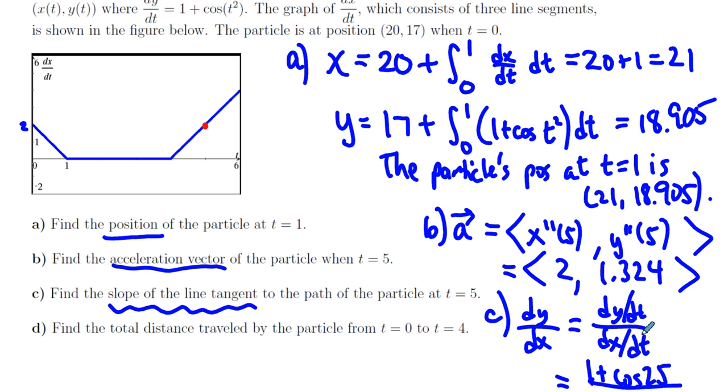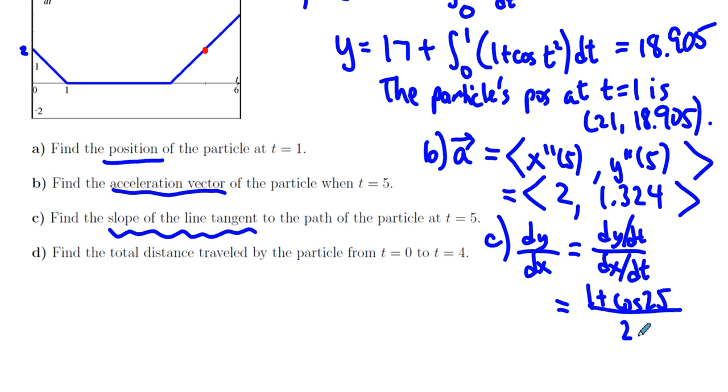Dx dt at 5 appears to be 2. And a calculator can do this for us and give us the slope of the tangent line at t equals 5.